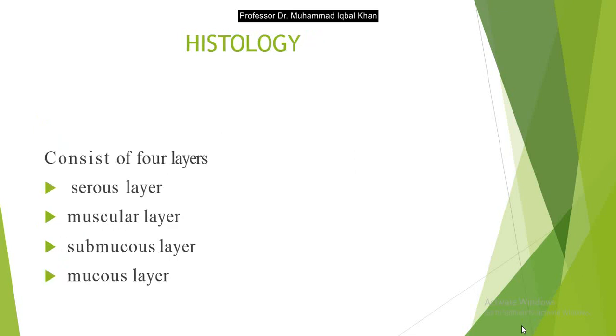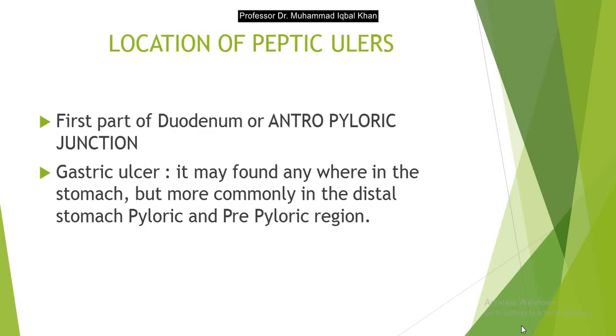Histology: from outside to inside, it has serous, muscular, submucous, and mucous layers. The duodenum has four parts: first, second, third, and fourth.